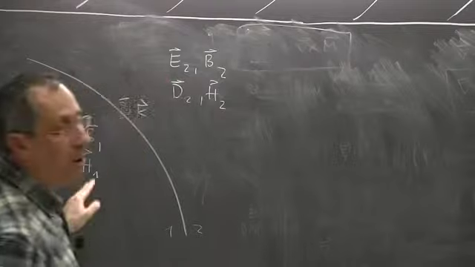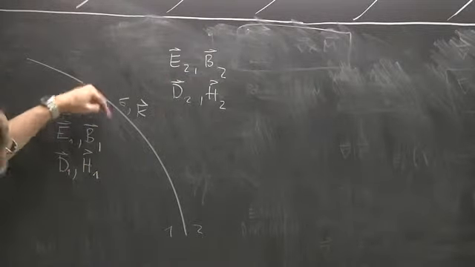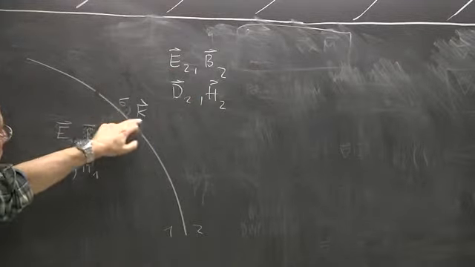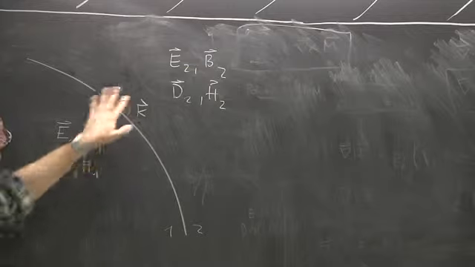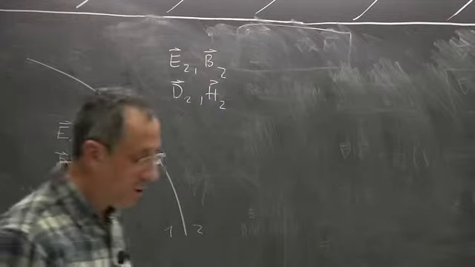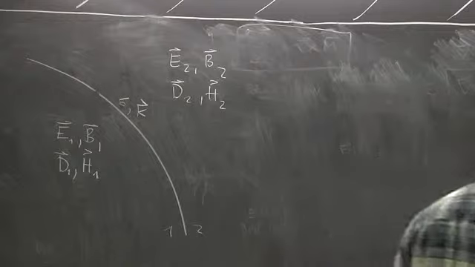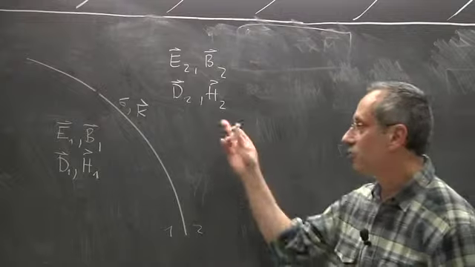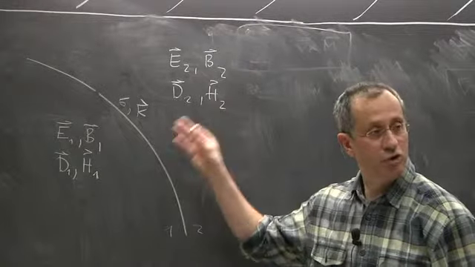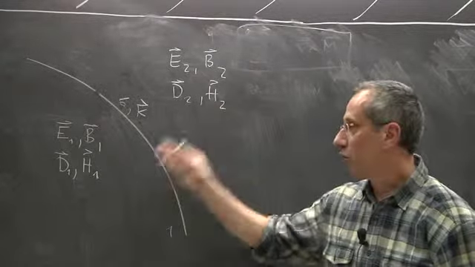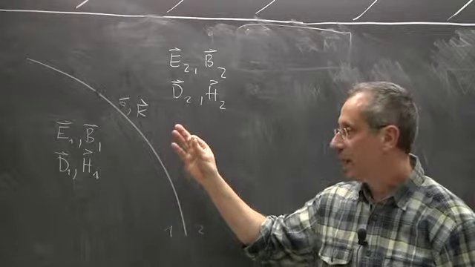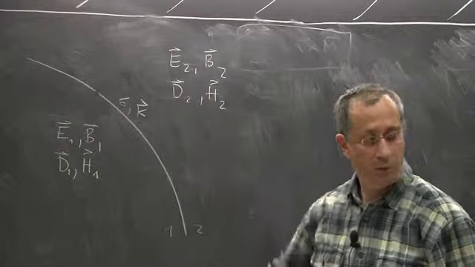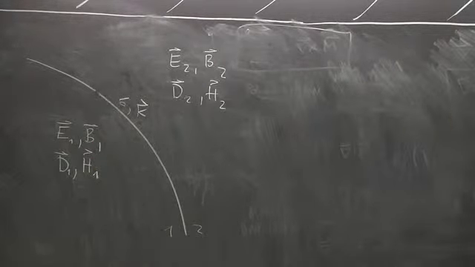So how are these components, these fields, connected at the surface? They must be continuous somehow, or with some discontinuity linked to the charges, and how you connect these components. So this is rather simple to do by means of the Maxwell equations. The Maxwell equations tell you exactly how these fields change as you go across this surface. And so they connect the field components of region 1 with the field components of region 2.